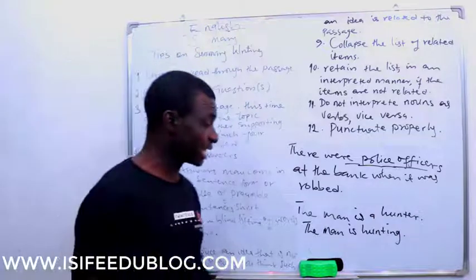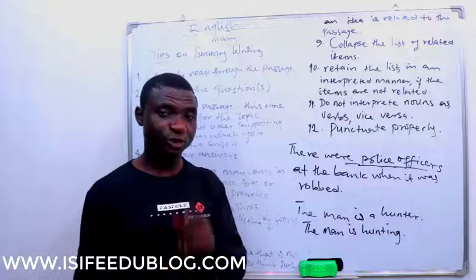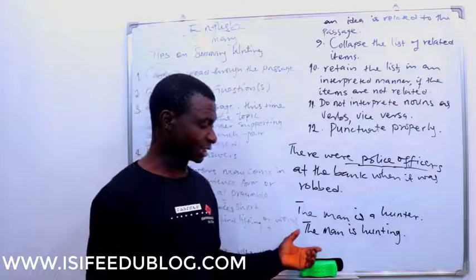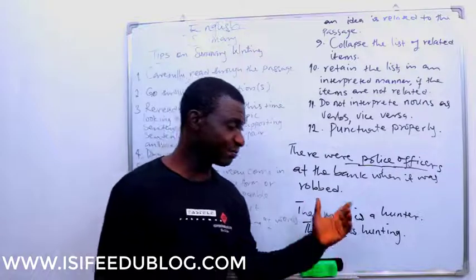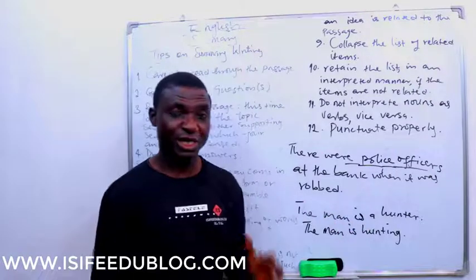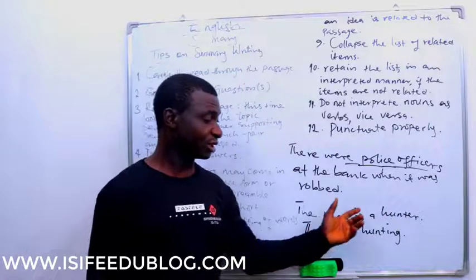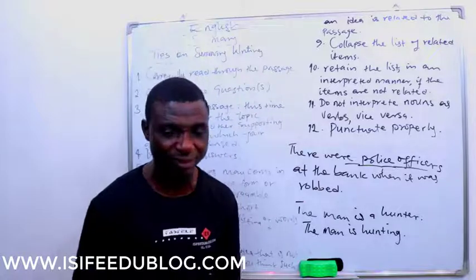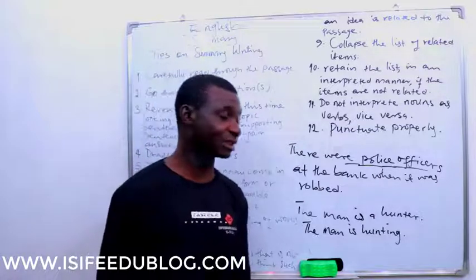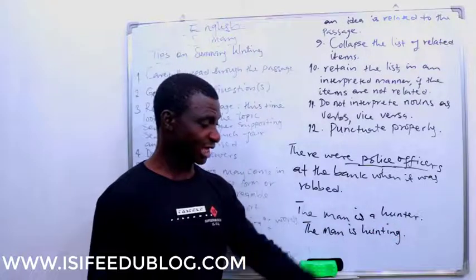If the passage says the man is a hunter, it will be wrong for you to go to the answer section and say the man is hunting. Hunting is a present thing, a verb, a continuous, progressive action. The passage may have identified the man as a hunter, but at the time of the writing, there was no hunting taking place. So, don't interpret being a hunter as hunting.